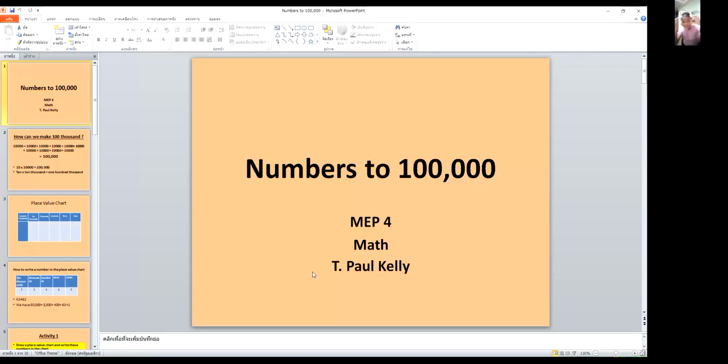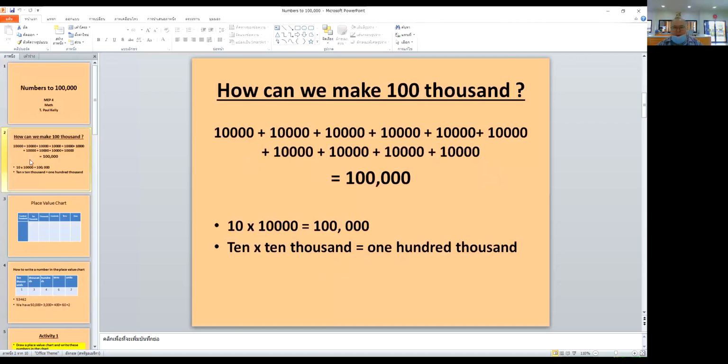Let's see. So today's lesson is numbers to 100,000. How can we make up 100,000? We can look at how to make up 100,000 by adding 10 times 10,000.